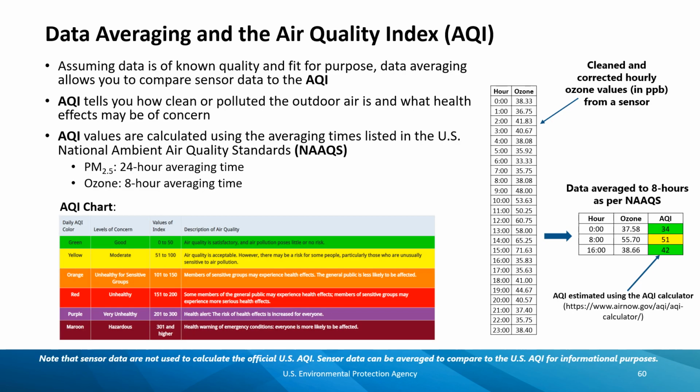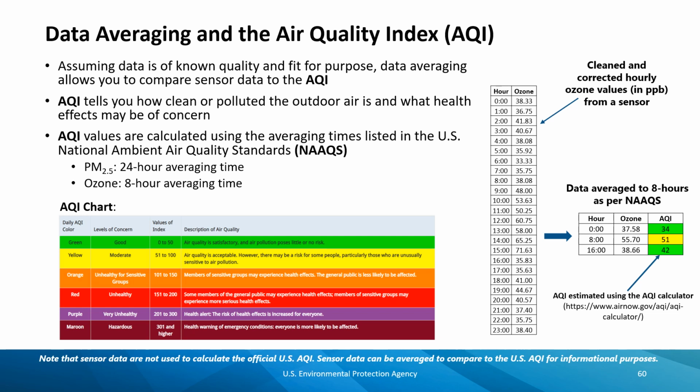As mentioned earlier, sensor data needs to be averaged before being compared to the U.S. Air Quality Index. The U.S. AQI is one way of communicating air quality. The index allows users to quickly connect the air quality with a level of concern, the associated health effects one might experience, and actions one can take to protect their health.